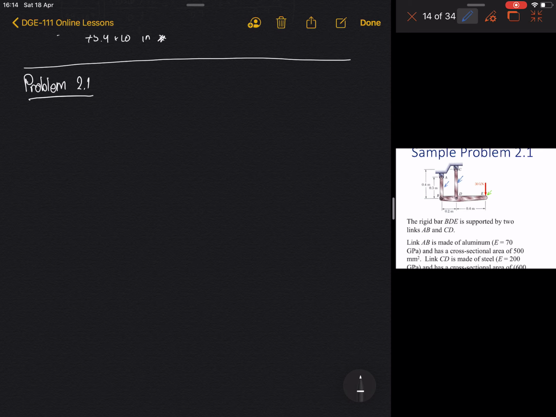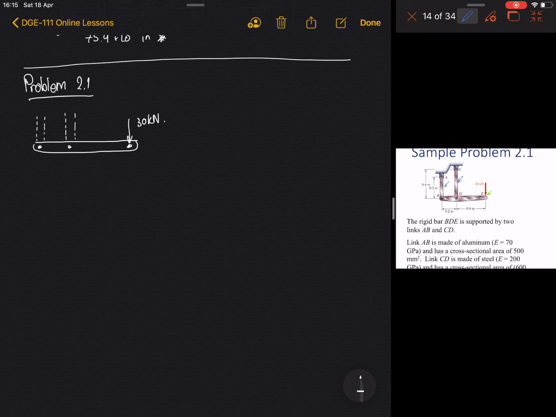Normally we have to find the force from the support, but in this case, since we are interested in this bar, we have this kind of bar, and then we have the 30 kilonewton force, and then we have this support.